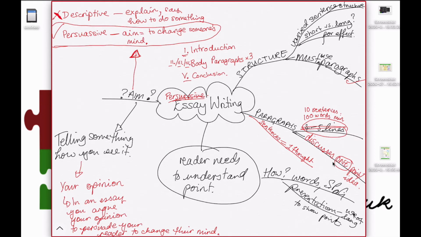Okay, who's the best player of all time, in your opinion? Messi. Okay, I have no idea who that is. But if we were going to write an essay about it, discussing who's the best player of all time, that would be your discussion. Your point, your argument you're going to make is that Messi is the best player of all time. Why is he the best player of all time?